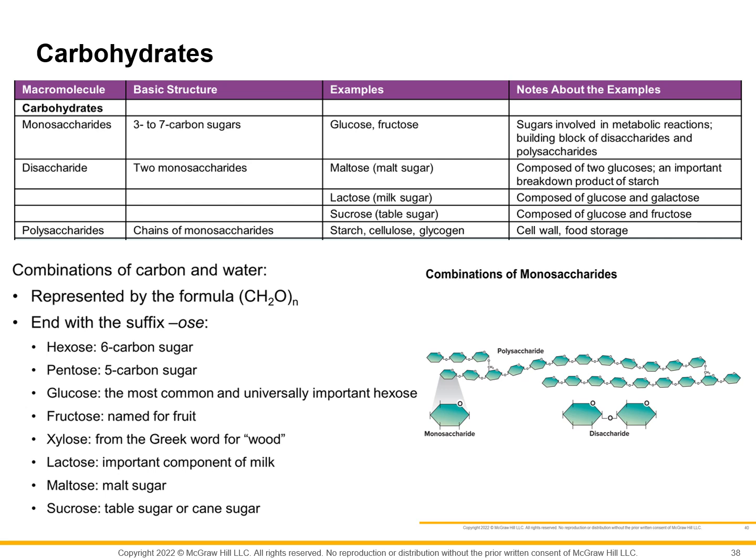We have xylose, which is a wood-based sugar. Lactose, which is milk sugar. Maltose, which is malt sugar. And then we have sucrose, which is table sugar. So these are all different types of sugars. And then over on the right, you see the picture, and you can see the difference between a monosaccharide, a disaccharide, and a polysaccharide.